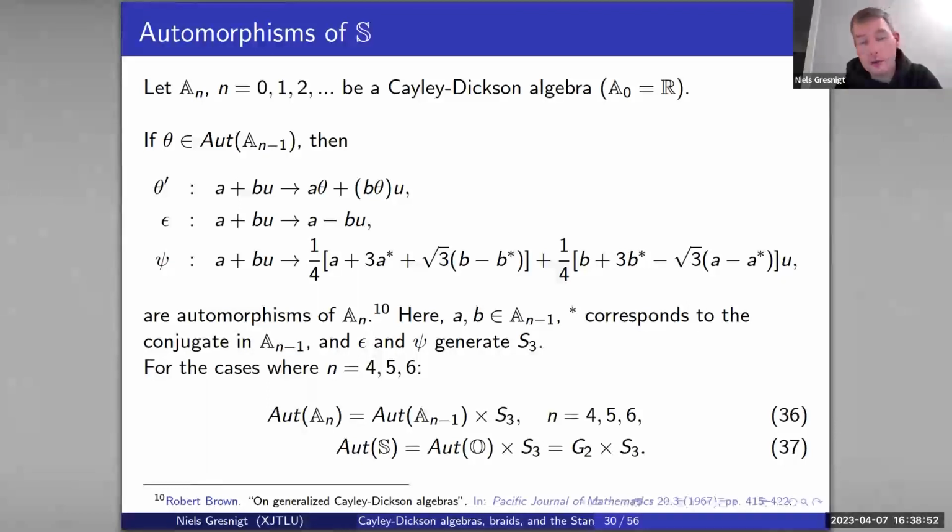So if theta is an automorphism of a Cayley-Dickson algebra, then the following 3 are going to be automorphisms of the next Cayley-Dickson algebra. So for example, if theta is an automorphism of the octonions, then theta, epsilon, and psi are going to be automorphisms of the Sedenions. But note that in general, they don't have to be equal.